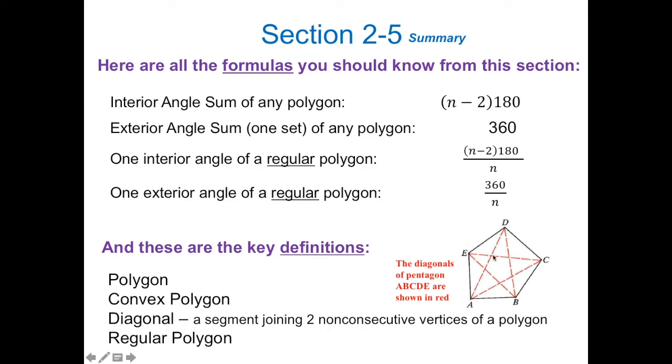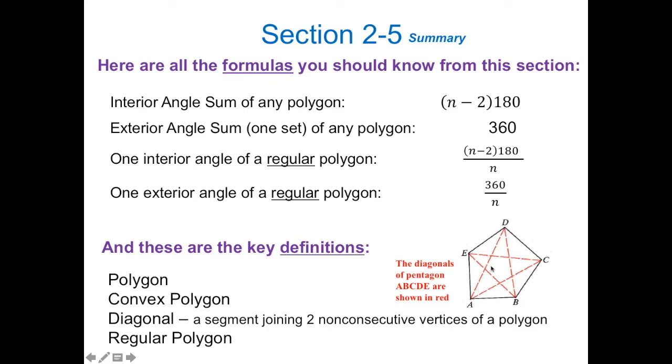Who can tell me why a diagonal wouldn't be considered part of this pentagon? Well, remember, any polygon is formed by segments. So we lay out segments, and the segments we see here are the actual polygon, okay? So your diagonals are not part of these segments, except for the endpoints, right?